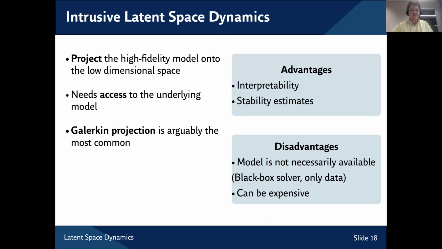An intrusive approach is arguably the most common one, where you use a Galerkin projection to project the high fidelity model onto the low dimensional space, which is really nice because then it is, to a rather high degree, interpretable, and you can derive stability estimates. However, it is not always the case that the model you are considering is available.